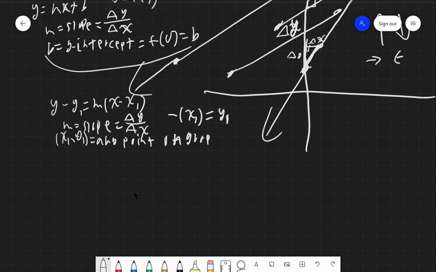Well, that's just saying that, if we had a little line here, right? Alright, so now what we have is that if we have some point random x1, y1, and then we have any other point, we'll say it's the y-intercept.